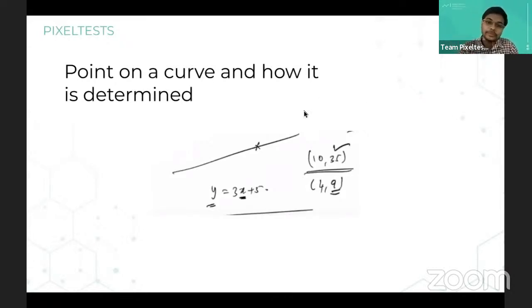Whenever a point is on a particular line, it satisfies the equation of the line, right? We know that 10 comma 35 is a point on the line y equal to 3x plus 5: if you substitute 10 for x, 30 plus 5 becomes 35, so 10 comma 35 is on this line.